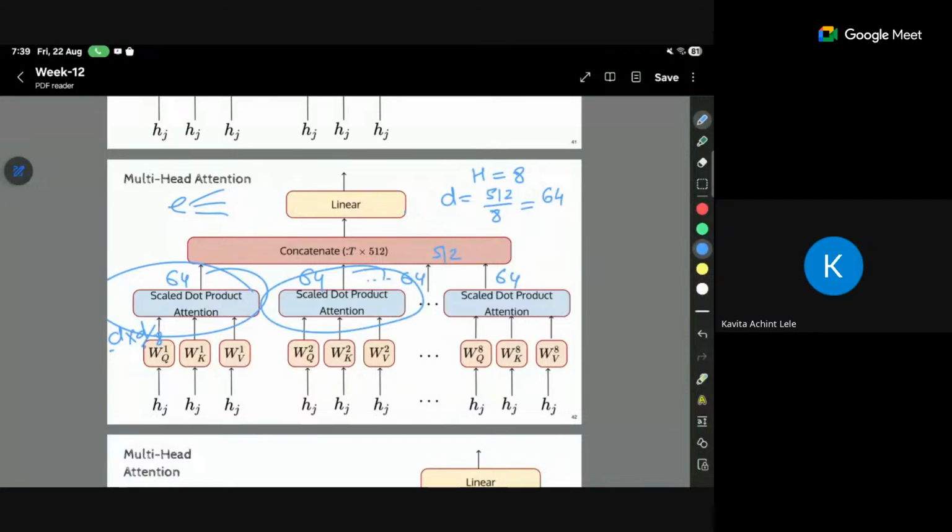And finally you will have a multi-headed attention output, which is going to be the embedding size. Just make sure that whatever size D goes in as input, that much output you get here also, so that you can pass it to the next module that comes.